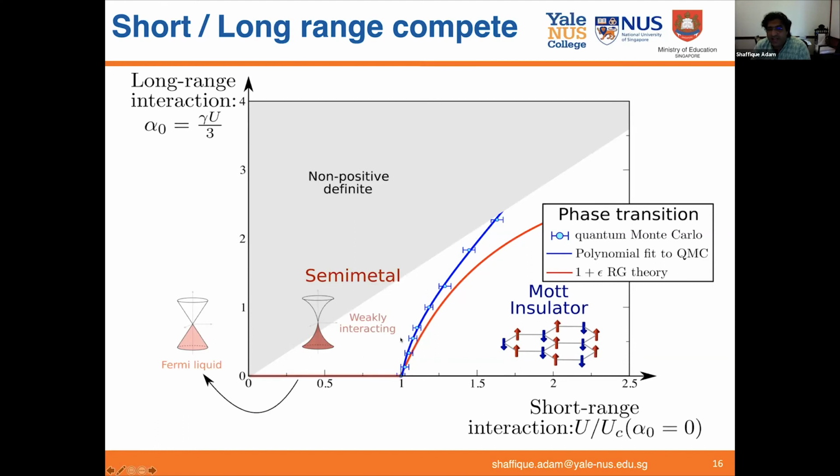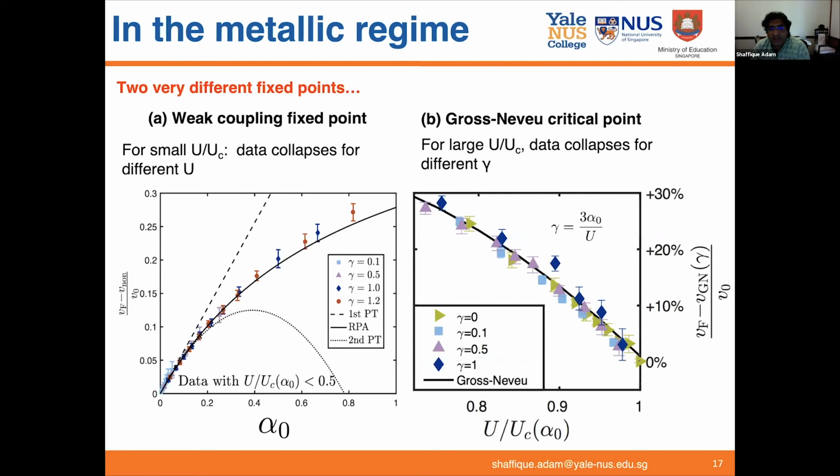For example, as you increase the long-range interaction, the semi-metal becomes more stable, and you push this line out to larger values of Hubbard U. Then we can ask what happens when U is very small. In that limit, we find that perturbation theory, the random phase approximation, which is a semi-analytic method, though once you go to the level of diagrams we're looking at, you usually do it numerically, agrees with the quantum Monte Carlo data very, very well.